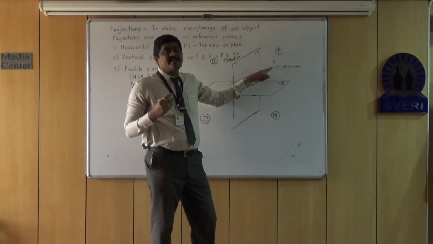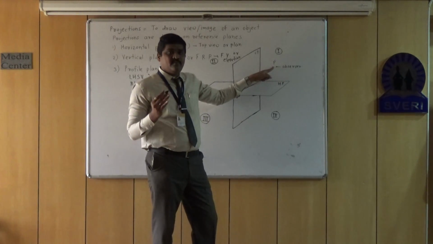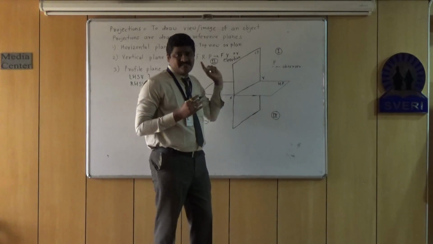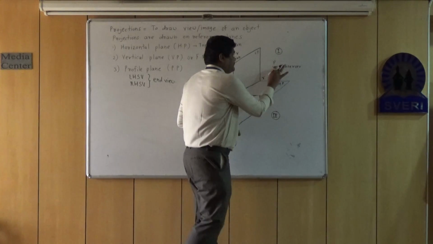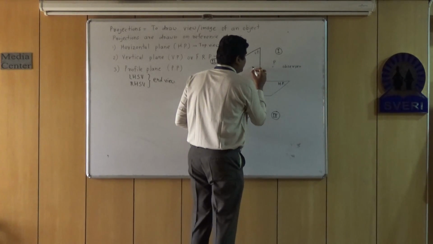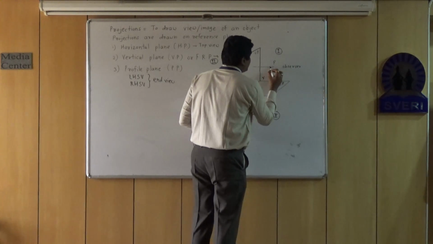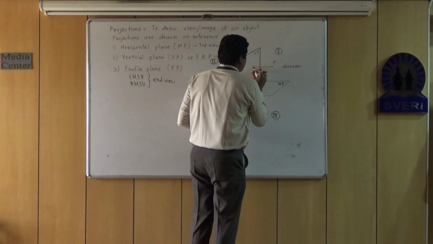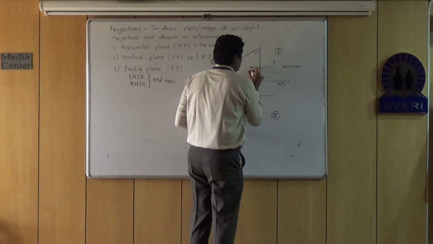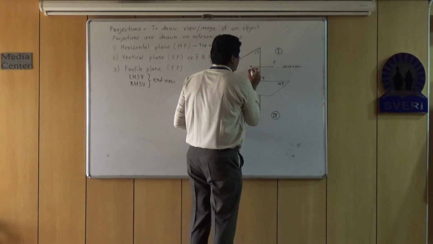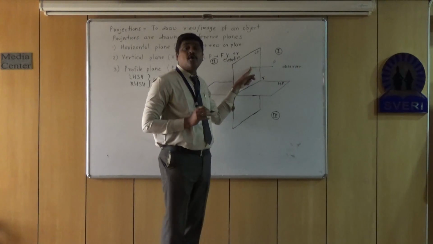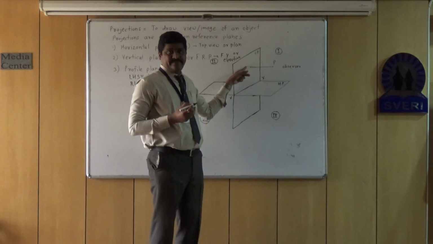This is the characteristic of the first angle method of projection, that the object is situated between the observer and the reference plane. Now let us imagine that rays of light are incident on this point, and somewhere here we will get the view or image of point P.